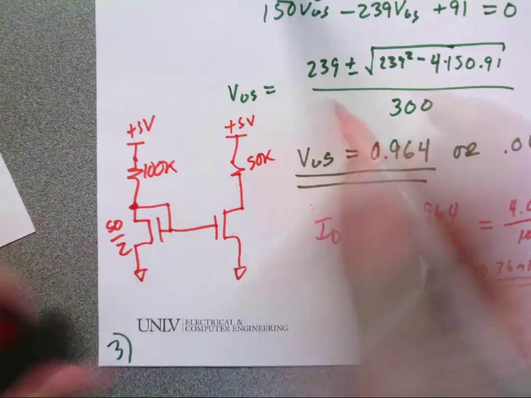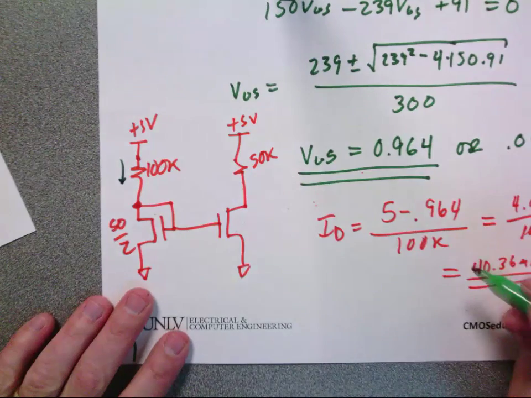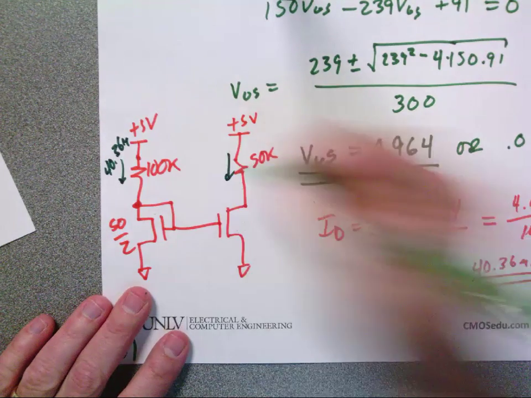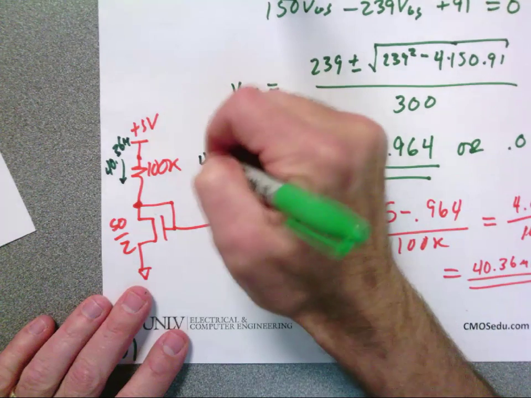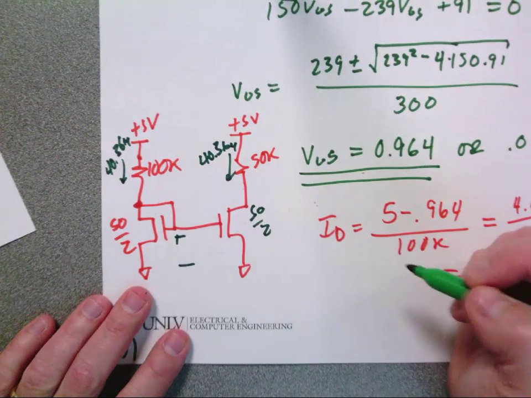So let's do it right. What's the current through here? What's the current through here? What's the voltage drop here?